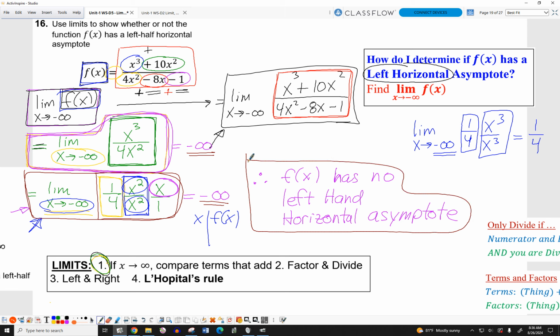So, if it does have a left-hand asymptote, then would it be considered wrong if you set the limit of f of x to equal the limit of our simplified version? Oh, it all depends on what x is approaching. Yeah. So if it had an asymptote, right? So say your question one more time, Evan. So if you had the asymptote of 1/4, right?